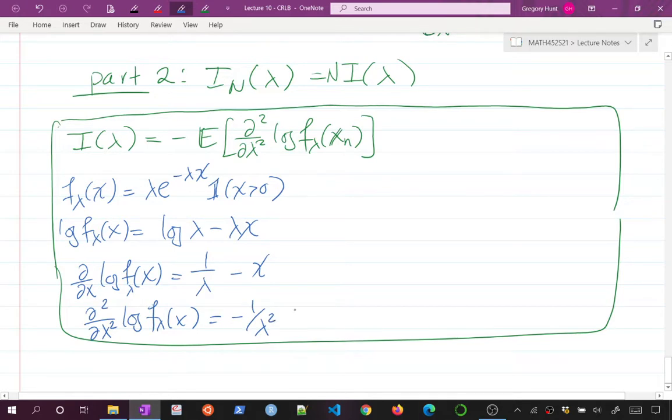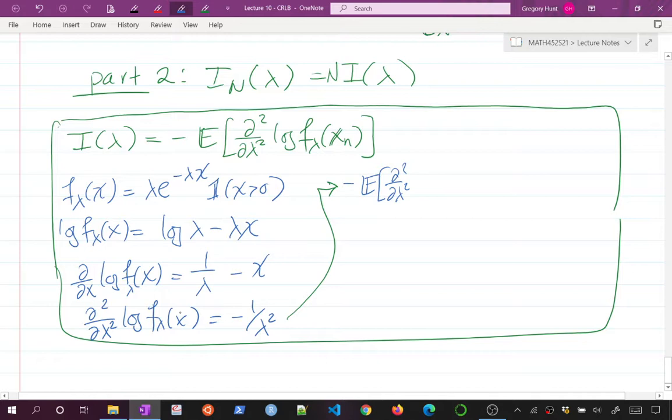Now we need negative the expected value of the second derivative with respect to lambda, replacing x with a random variable.